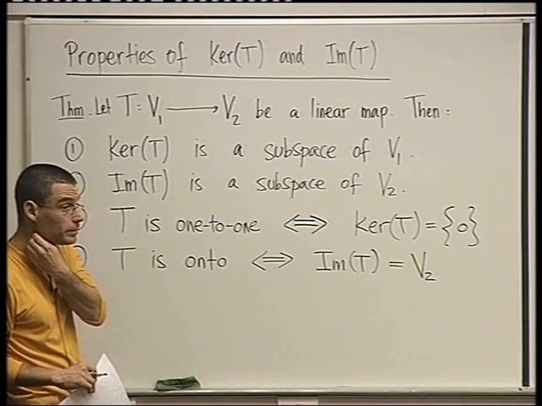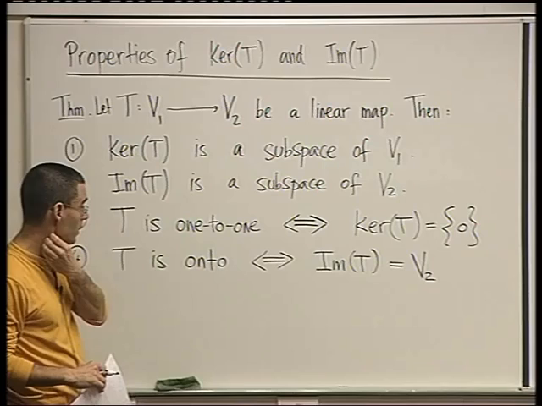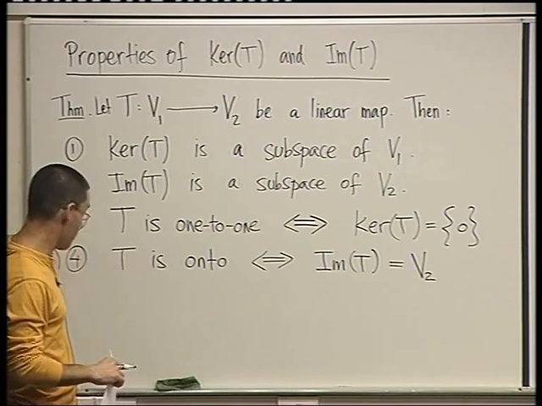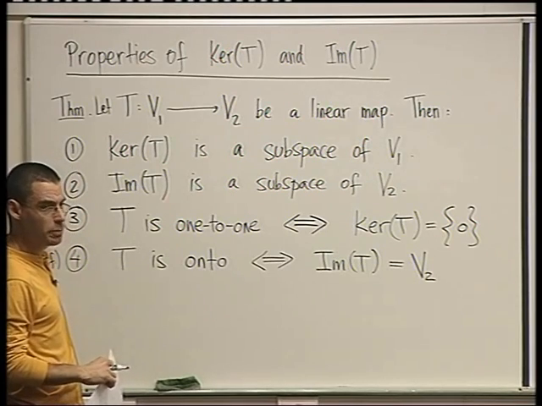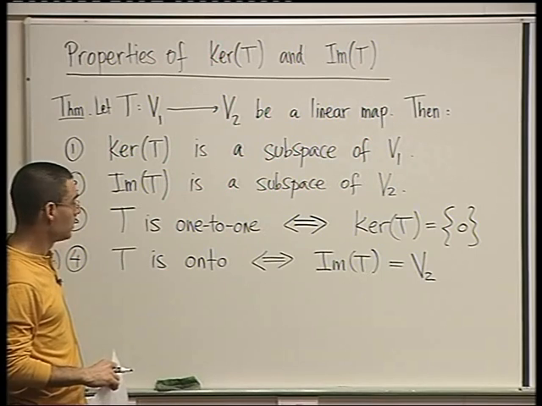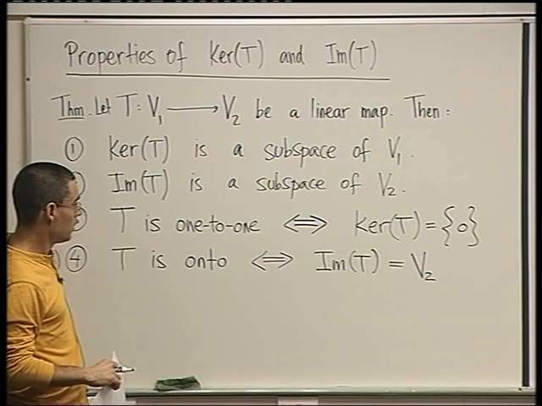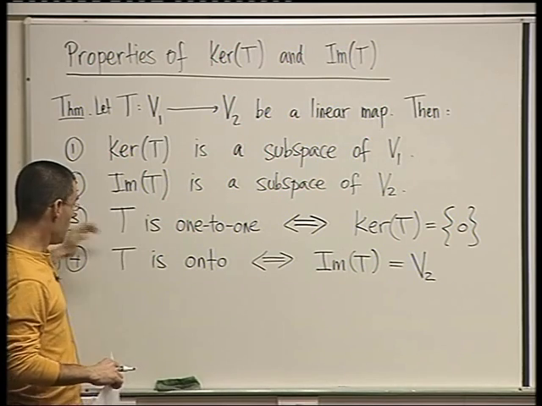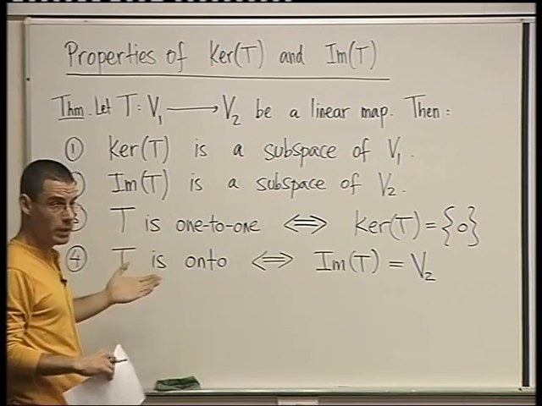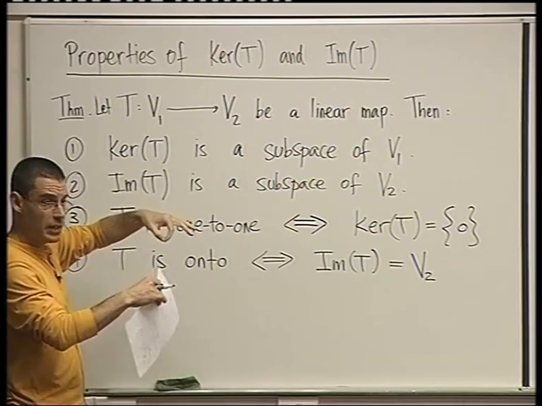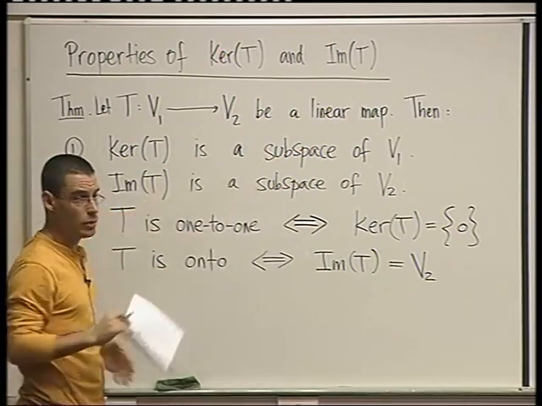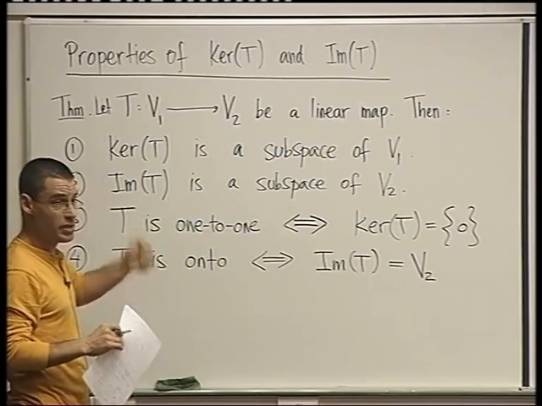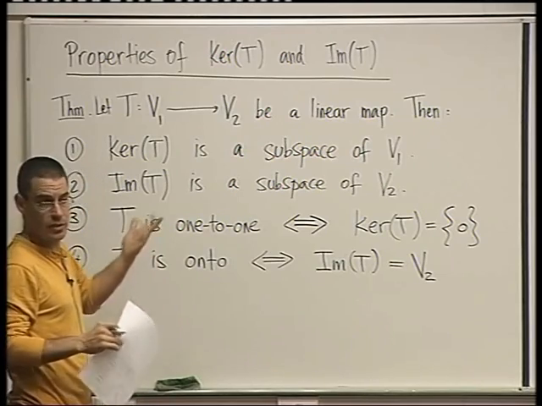Question? Why isn't it a definition? Because we're defining if T is called one-to-one. No. 3 is not a definition. 3 requires proof. Why is it? Isn't one-to-one a name for T in that situation? No, a function is called one-to-one if you take two different guys, they get sent to two different guys. If x is different than y, then f of x is different than f of y.